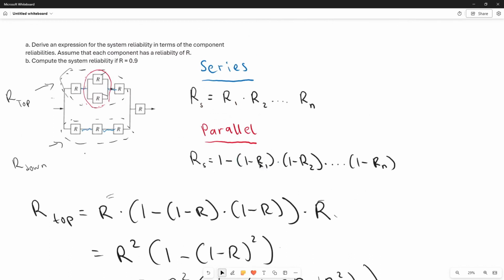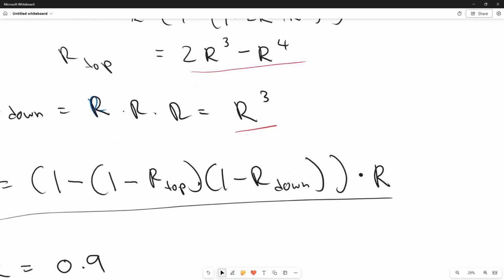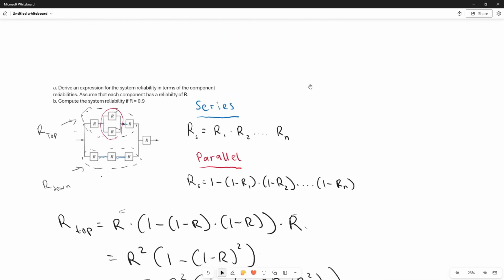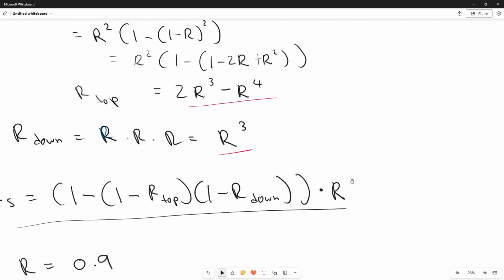So our R1 in this case is R top, and R2 is R down. So the formula is 1 minus, in parentheses, 1 minus R top times 1 minus R down. And don't forget, both are in series with this. So for series, you just multiply by R. So these two in parallel, then series with R, so multiply by R at the end right here.